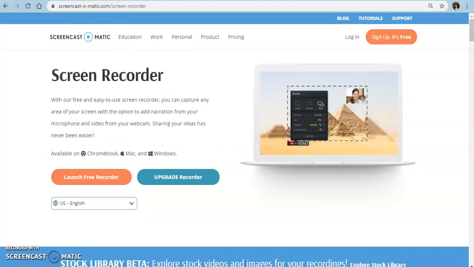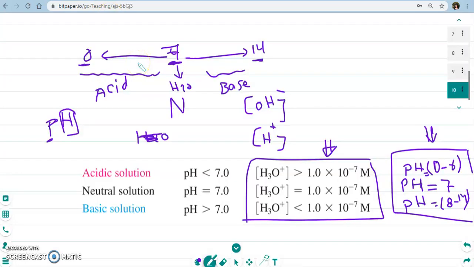We used to say that the equilibrium constant, Kc, equals the concentration of products to the power of its exponent, divided by the concentration of reactants, also to the power of their coefficient. So this is the equilibrium constant.